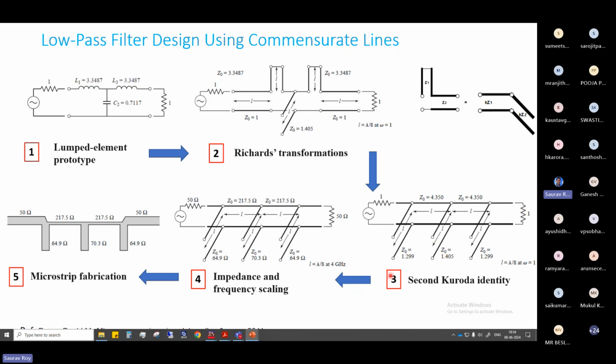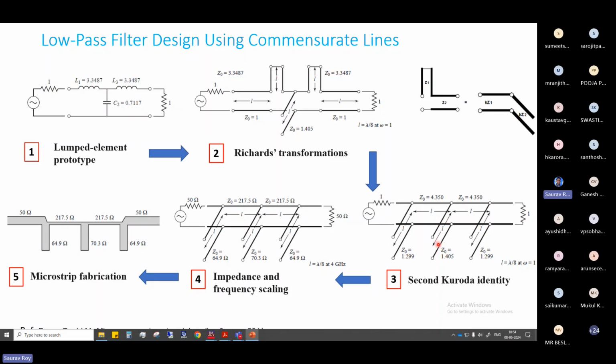And because it's an open stub, it is very easy to connect. In the previous case it was a shunted stub, so we could not connect it in series. That was the problem. Now we do the same thing for the third section because it's symmetric, and the in-between capacitor remains the same because an open stub we can connect easily.